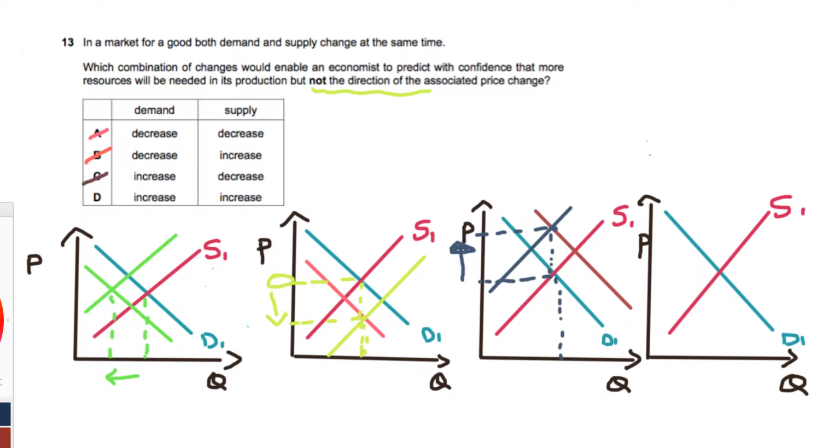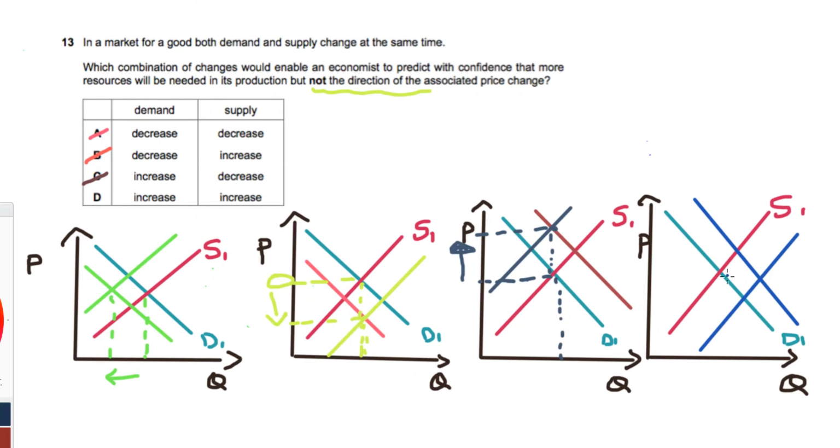But let's just look at what option number D says. In option D, both demand and supply are increasing. So let's plot this. Demand increases, it goes towards the right, so demand is like this. And the supply curve also shifts towards the right, so the supply curve is now like this. All right. So what do we know here?